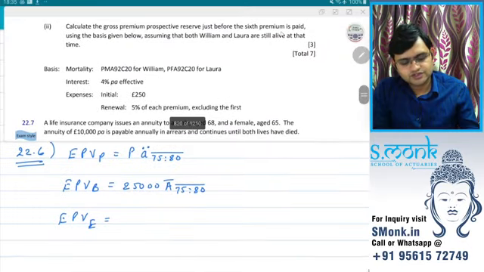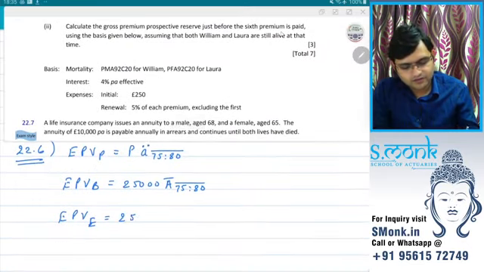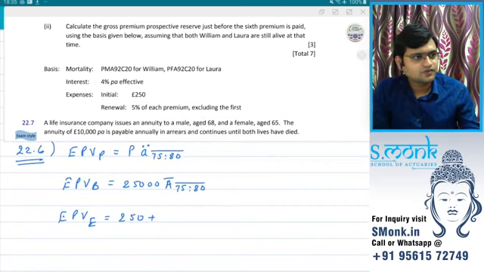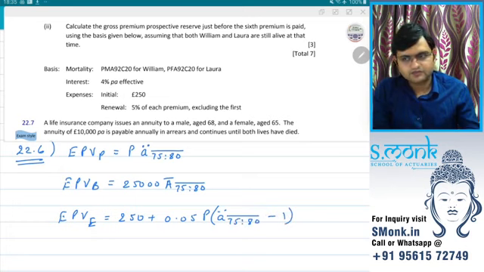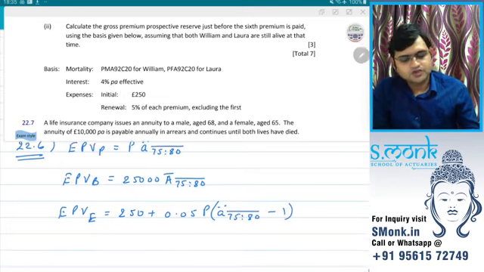We have initial 250 and we have renewal. Renewal is 5% of each premium, so 0.05 P times a due 75, 80 bar minus 1. These are expenses.